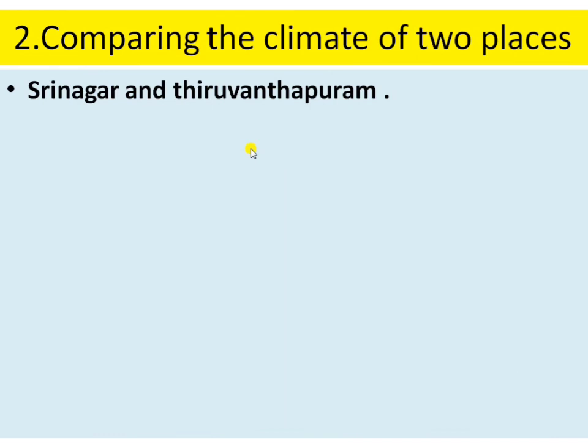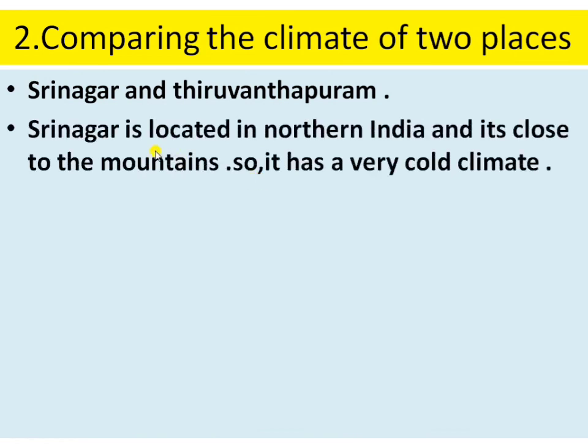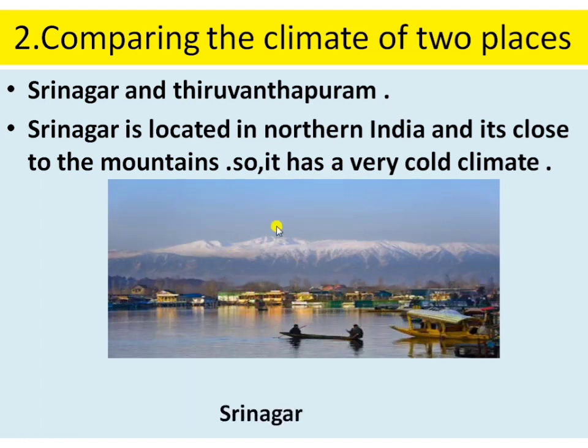Now let us study the climate conditions of two places in India: Srinagar and Trivandrum. Srinagar in Jammu and Kashmir is located in northern India and is close to the mountains. Hence it has a very cold climate. This is the picture of Srinagar.